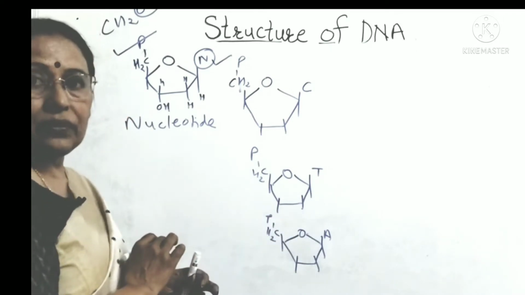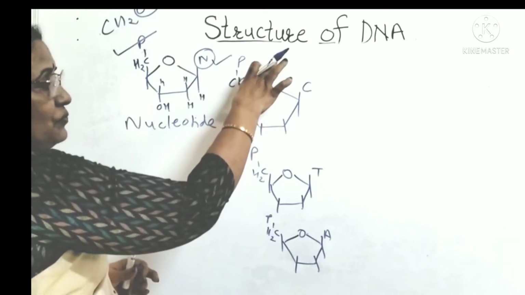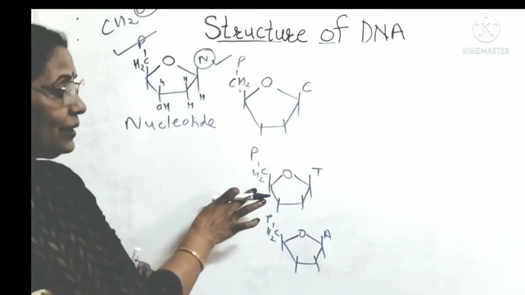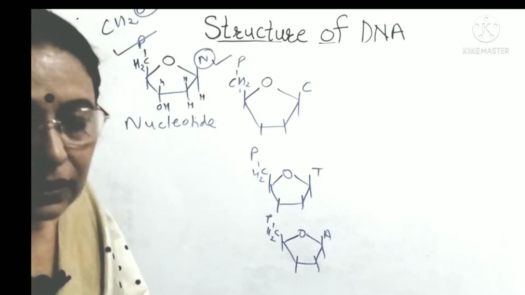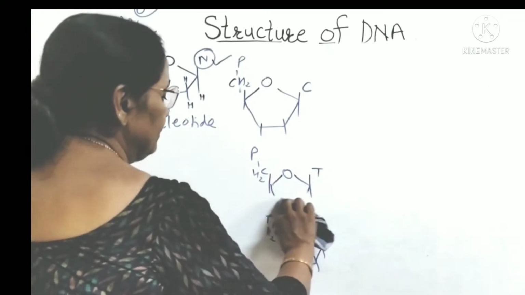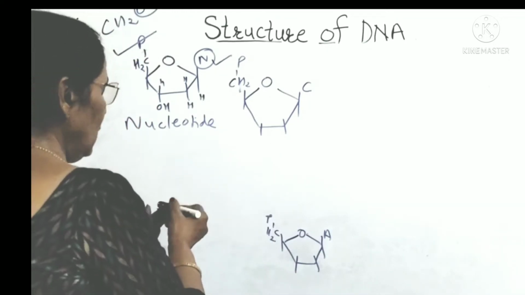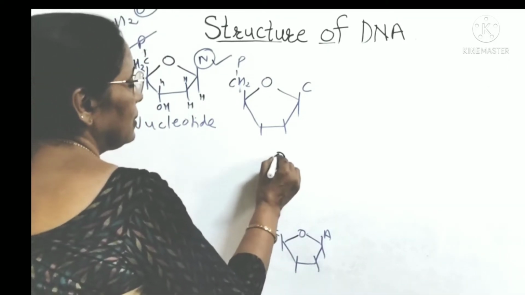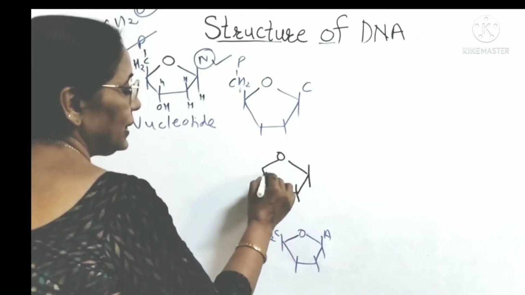The only thing we have to do, see, this is one nucleotide, this is another nucleotide. Let me draw the second nucleotide in a different color. So this is the sugar.